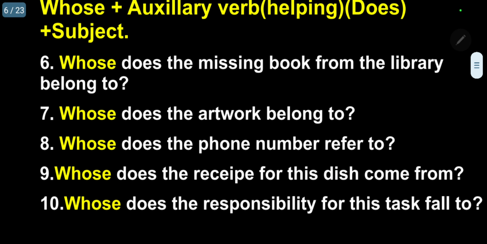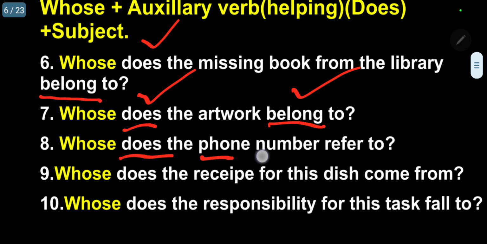Who does the missing book from the library belong to? Belong is the main verb, does is the auxiliary. Who does the artwork belong to? Belong is the main verb, does is the auxiliary, the helping verb. Who does the phone number refer to?